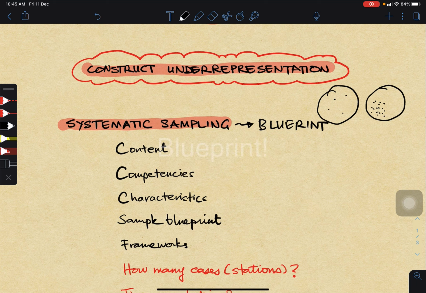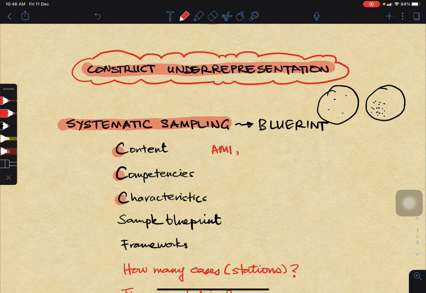All right, and so if you go through the chapter, this area, what is generally given as a guide is the 3 C's: the content, the competencies, and the characteristics. Okay, let's have a look at each. Regarding the content, of course, you would want to cover all content. For example, you would want to cover acute myocardial infarction.